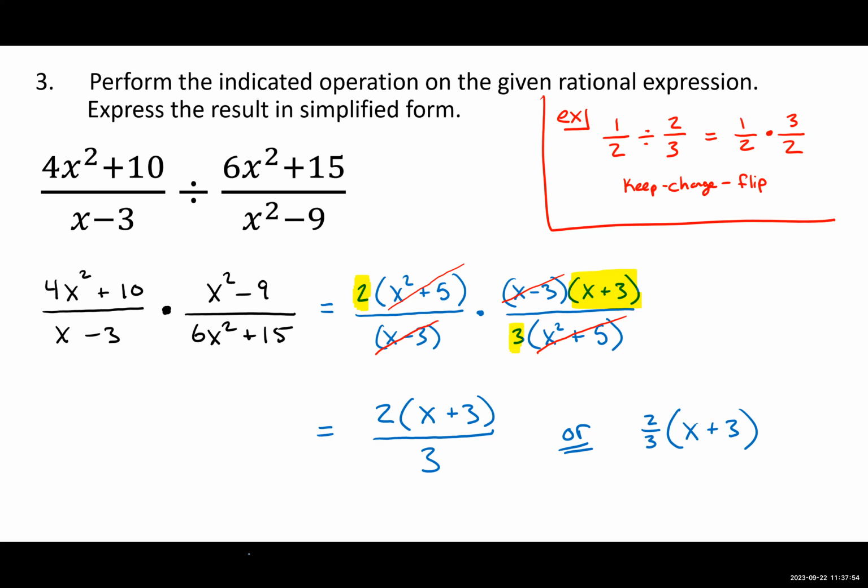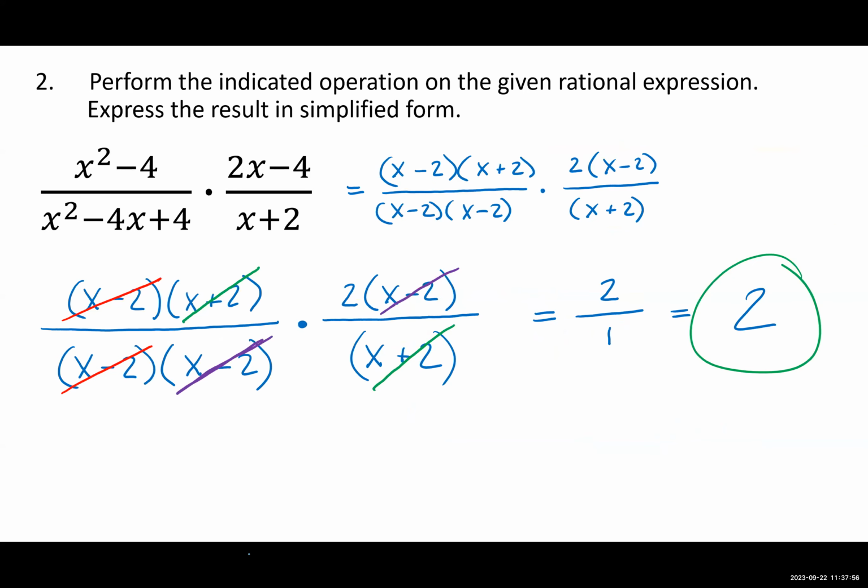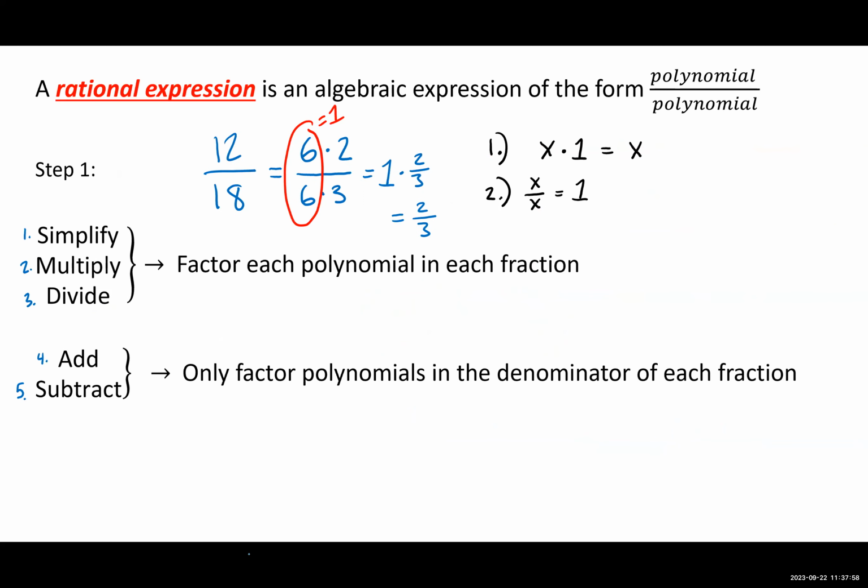Okay, I'm going back to the very first slide just for a moment. Problem 1, problem 2, and problem 3. To simplify or to multiply or divide, the first step is factor, right? Factor each polynomial in each fraction. Factor the top, factor the bottom.